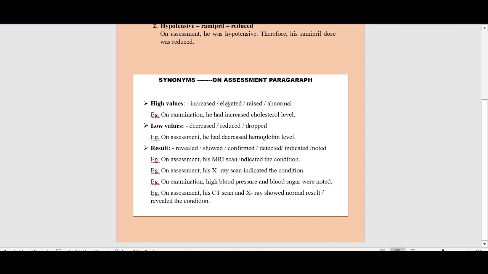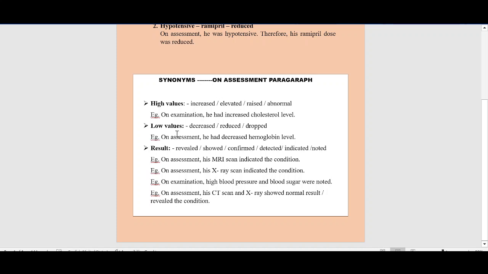Increase, elevated, raise, abnormal, those are all synonyms. On examination he had increased cholesterol level. Either you can use, he had abnormal cholesterol level, you can say that. If there is no clear reading, you can just say abnormal, it's also fine. But you can use the rest of them as well if that's your choice.